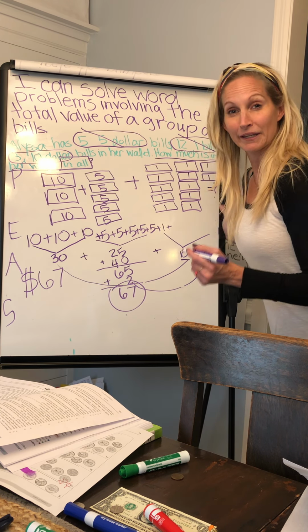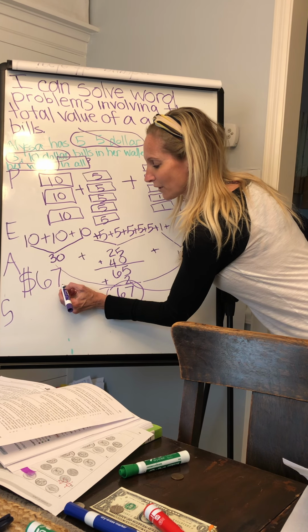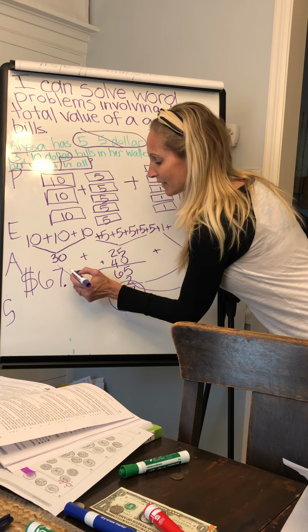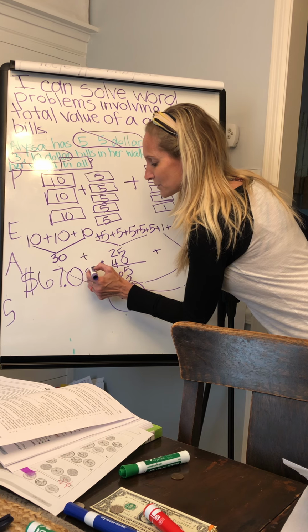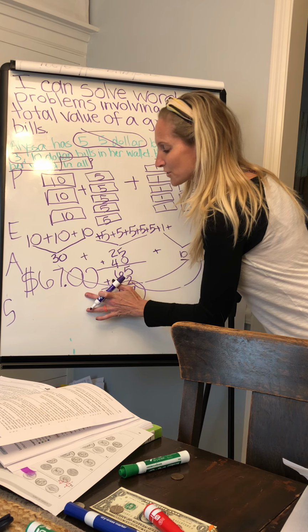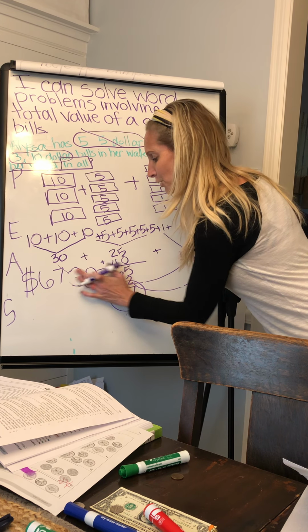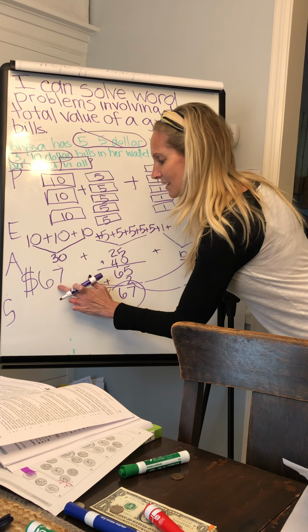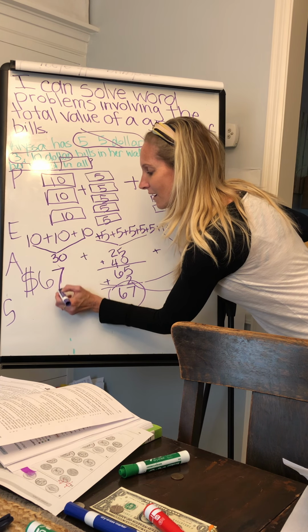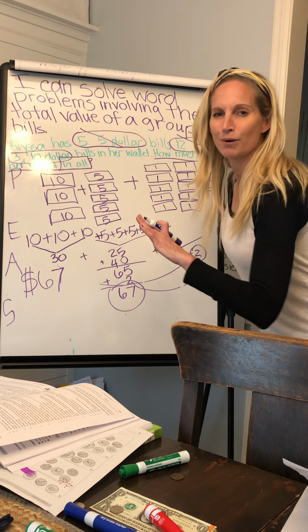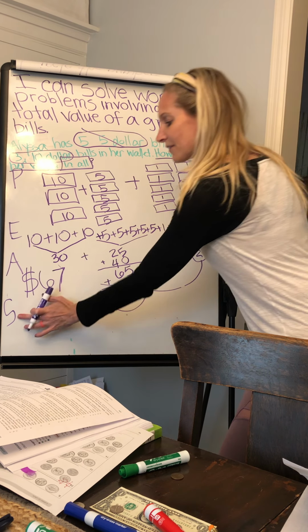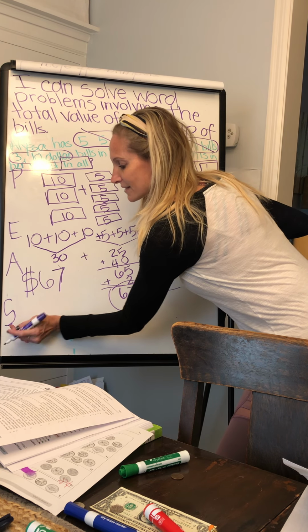And then if you want to make it really fancy, you can put your, it looks like a period, with your 2 zeros for $67. You don't have to add that at the end. You could just leave it like this. 67 with the dollar sign like that. That is perfect too.